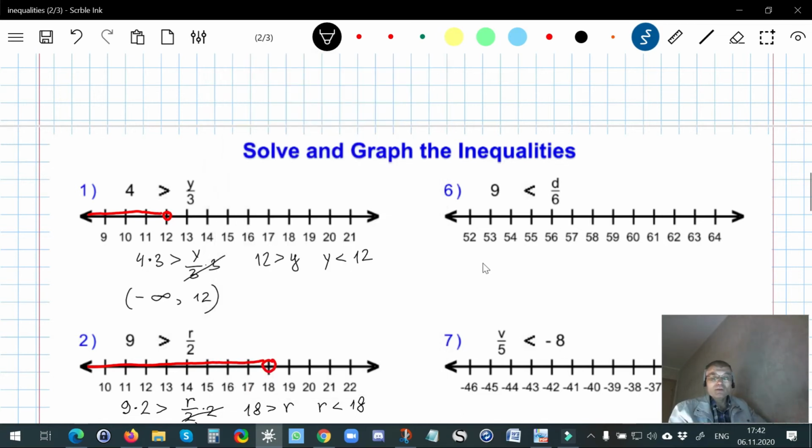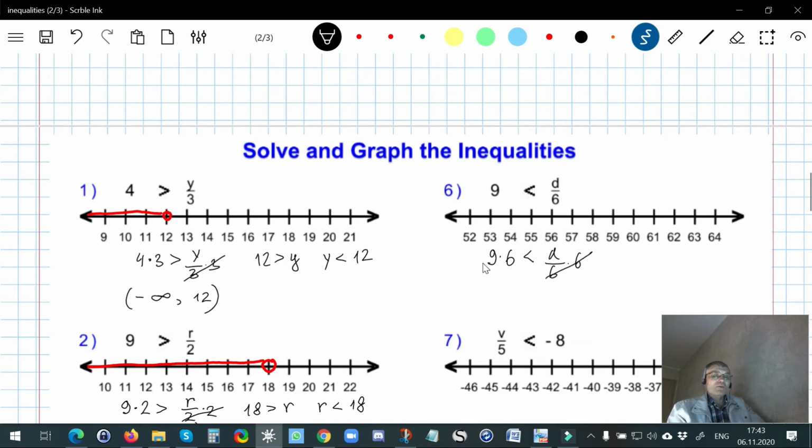Here we don't have anything negative, so this one is not to get used to always flipping the inequality. For a change, we just multiply by 6. 9 multiplied by 6 is less than d over 6 multiplied by 6.